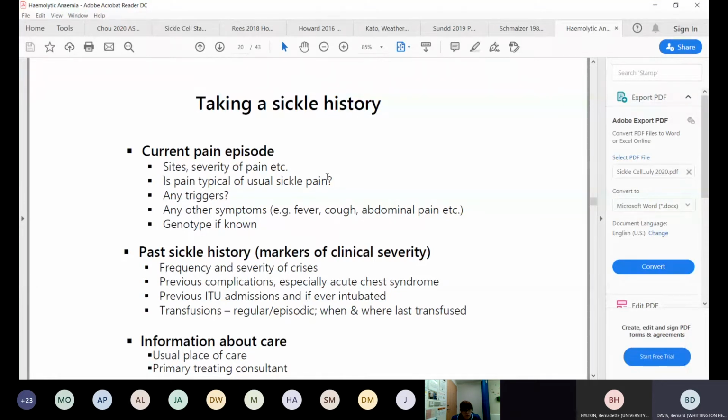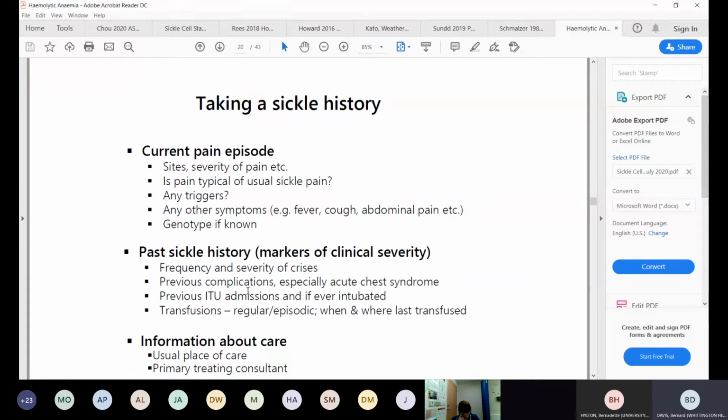Importantly also, it's always good to ask if the pain they're experiencing is the usual sickle pain. It's very interesting that the patients are usually able to distinguish what is sickle pain from what is not sickle pain. Find out about any triggers for their pain. Think about their past history, very important.